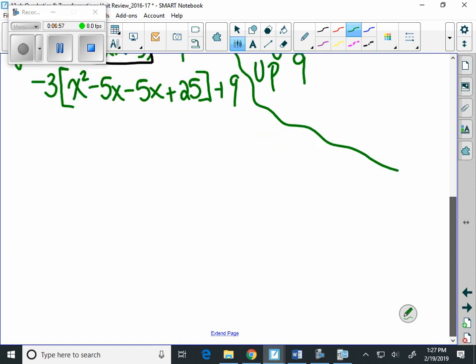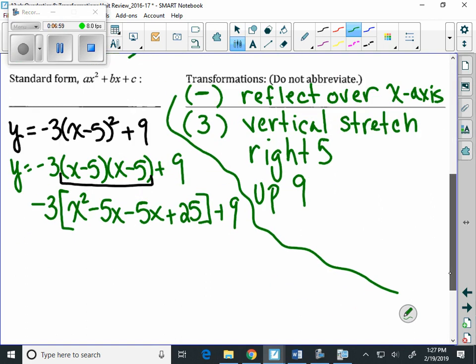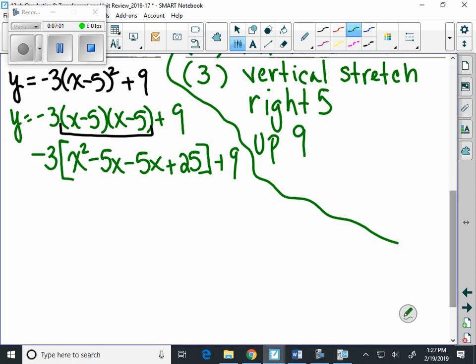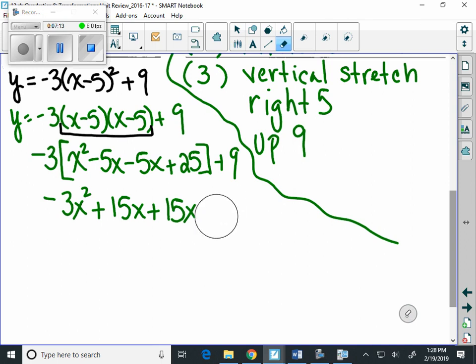Well, we can combine like terms or we can just distribute. It's not going to make that much difference. If we distribute, we get negative 3x squared plus 15x plus 15x plus, nope, minus 75. Negative times positive is negative, plus 9.